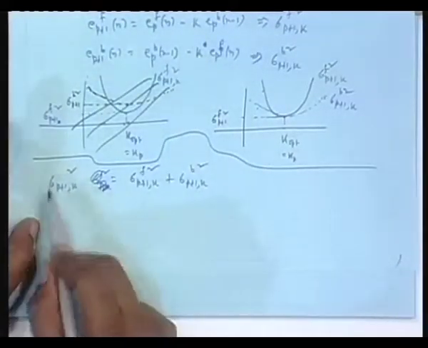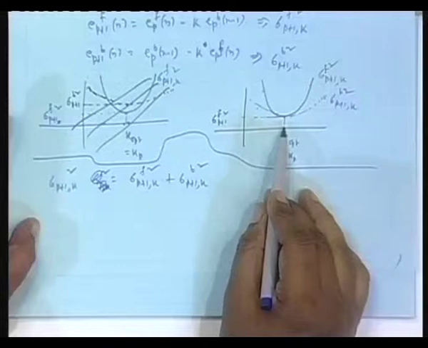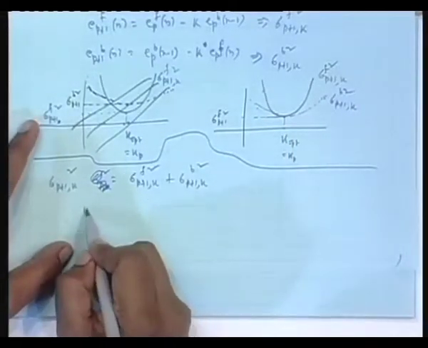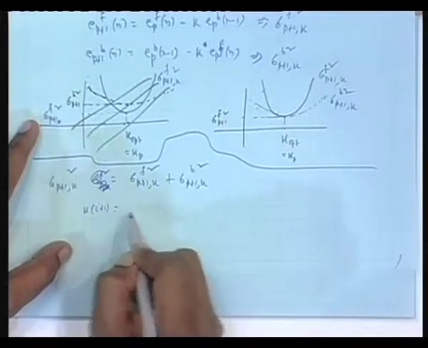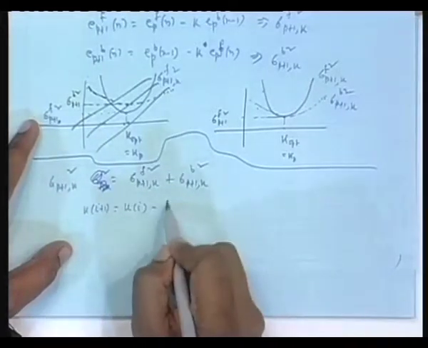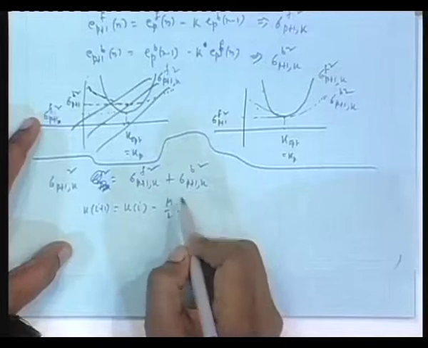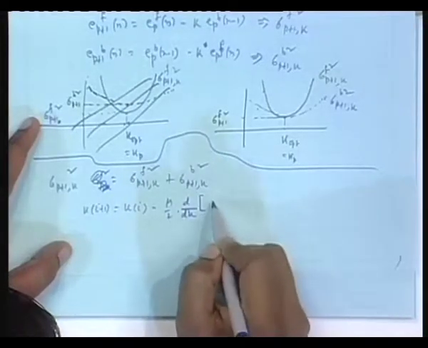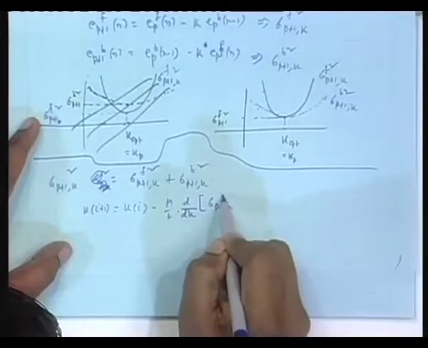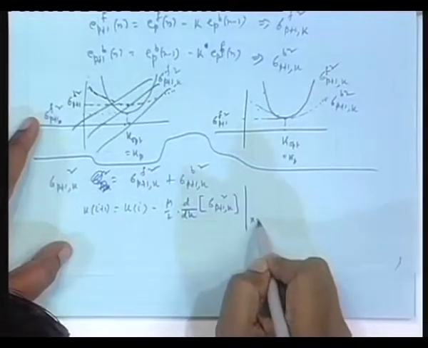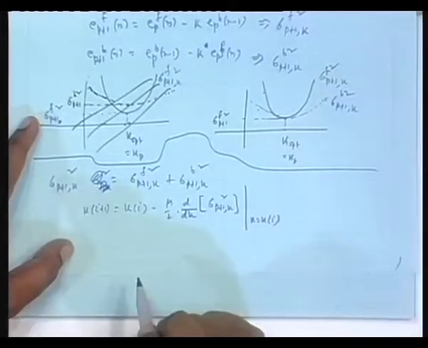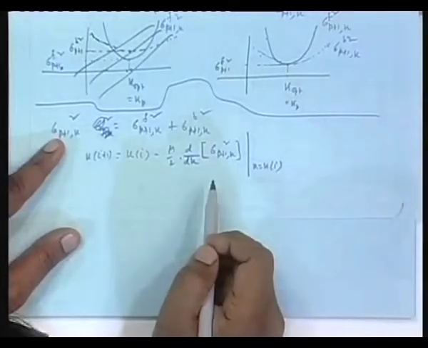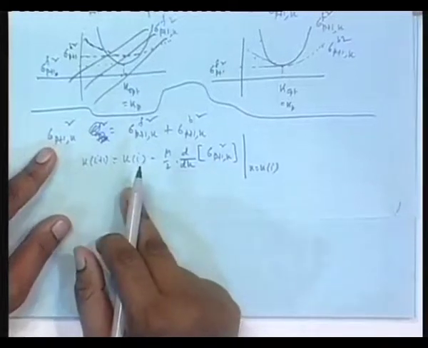This function is also quadratic in k with the same minimum, and this you minimize. So that means your steepest descent will become k i plus 1 as k i minus mu by 2 into the gradient, evaluated at k equal to k i.